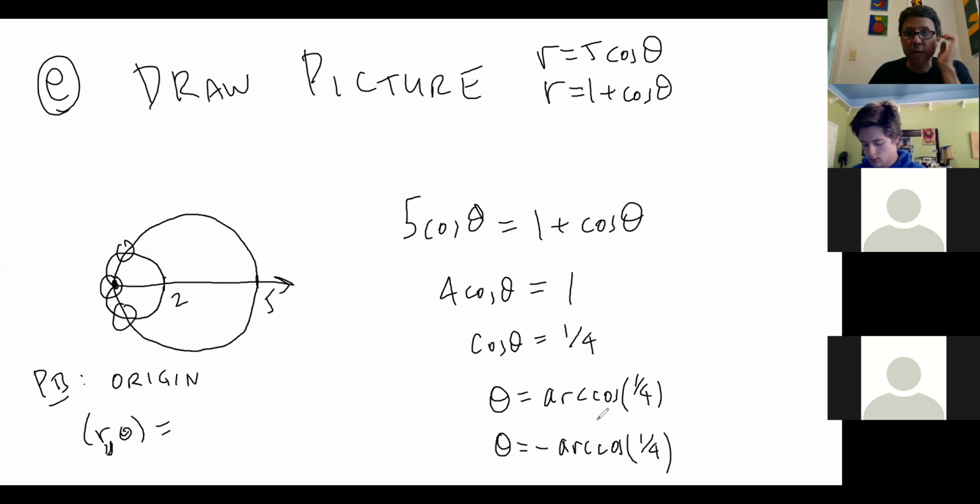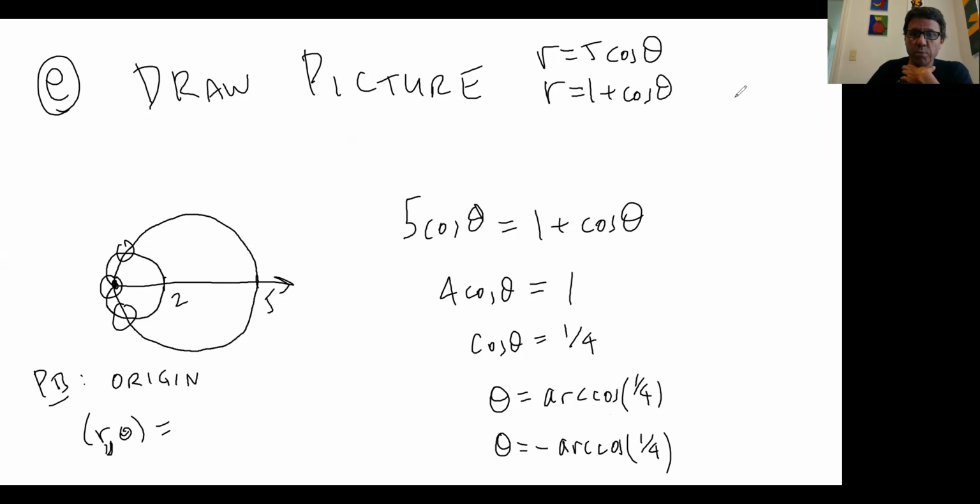And so then how do you get the actual r value out of that? You just plug it back into the original. So if we sub back in, we might as well just sub it back into the first one. So our r value will be 5 times the cosine of the arc cosine. And cosine and arc cosine are inverse functions of each other, so they'll cancel each other out, and we'll just have a quarter.